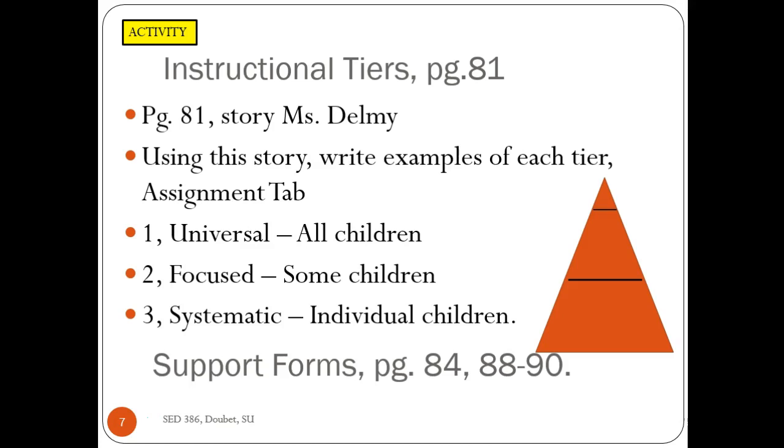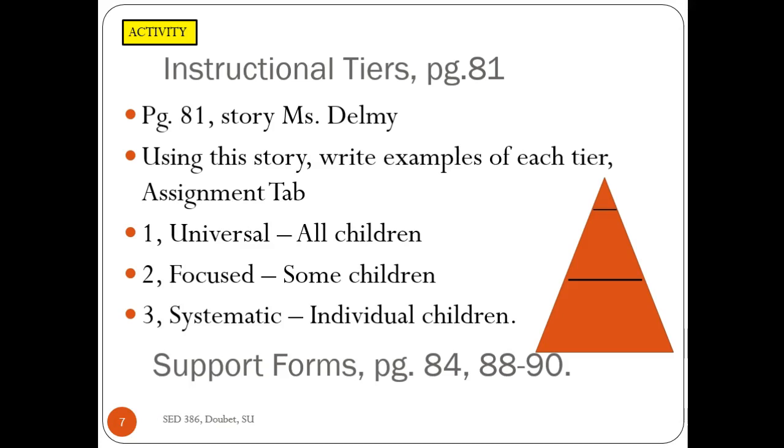And you have some awesome examples of all three of those in Miss Delmy's story. You can see why when we talk about Willie in that story, or when the authors do, they're describing some pretty intensive supports, and it's awesome that those are in place for individual children.